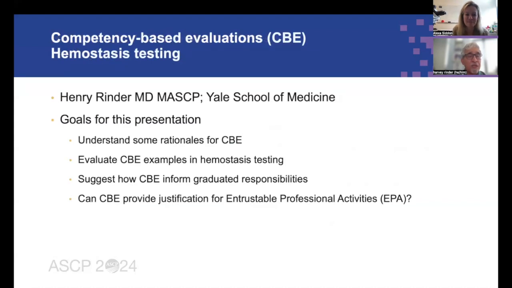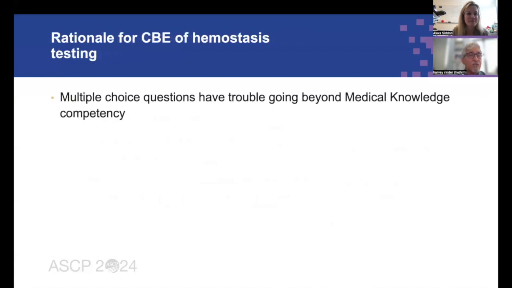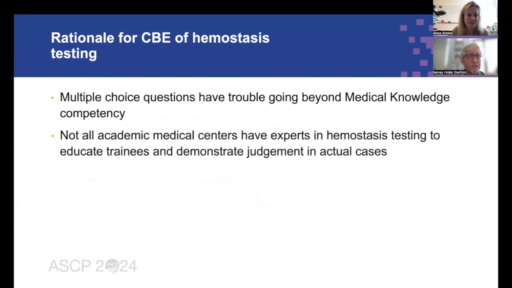So my goals are to talk a little bit about rationale, evaluate some examples in hemostasis testing, suggest how CBE inform graduated responsibilities, and show you why CBE may be a justification for EPAs. All right. So the rationale for CBE of hemostasis testing. Right now, multiple choice questions are what we mostly use for medical knowledge, but that doesn't really take you beyond medical knowledge as one of the competencies.